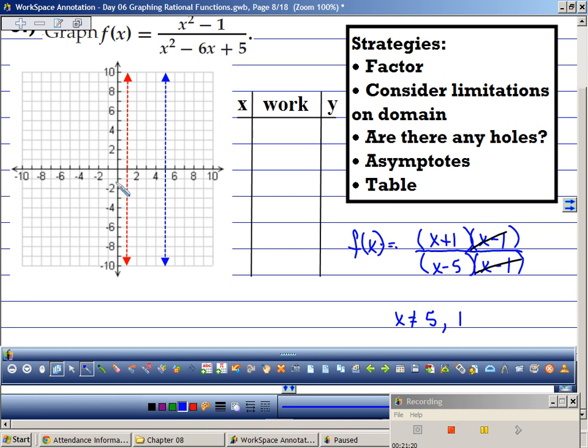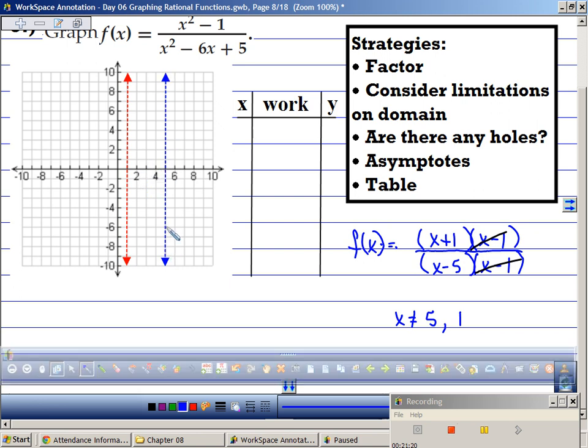Okay, let's continue. All right, so this one's for Evan. I think it was Evan that asked. No, it was Jesus. Jesus, now we've got, this is the one we're going to work off of, right here. That's our asymptote. So where do we begin? What's the first value you would plug in, based on the fact that you got an asymptote right here? 4 would be a good place to start. So if I plug in 4, I get -5. 4, -5, right there.